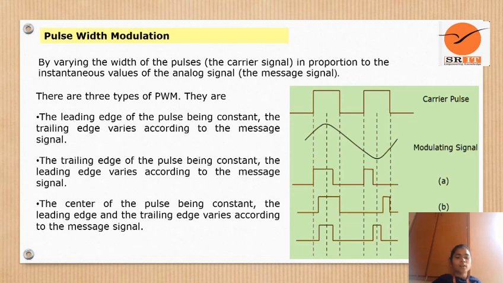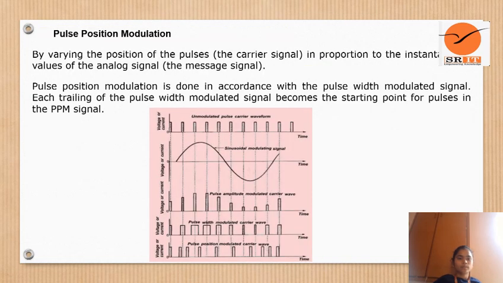In the second, the trailing edge of the pulse is constant and the leading edge varies according to the message signal. And the third type is where the center of the pulse is constant, and the leading and trailing edges vary according to the message signal. These are the waveforms of pulse width modulation.